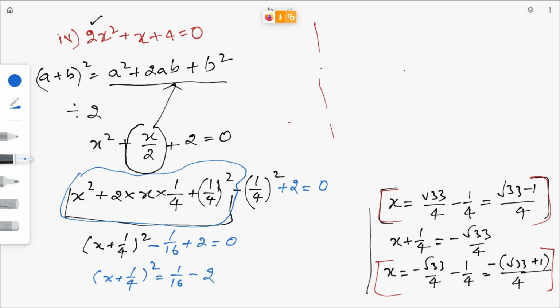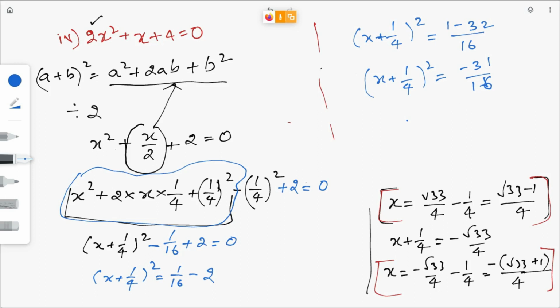So if you simplify this one, what you will get? X plus 1 by 4 whole square is equal to 16 in the LCM, 1 minus 32, x plus 1 by 4 whole square is equal to minus 31 by 16.